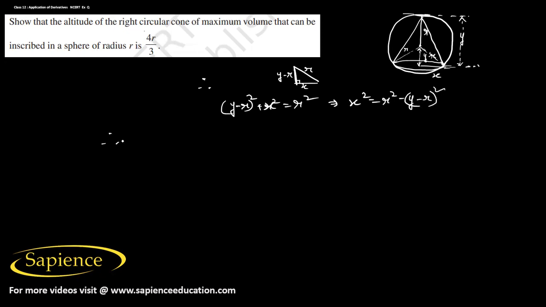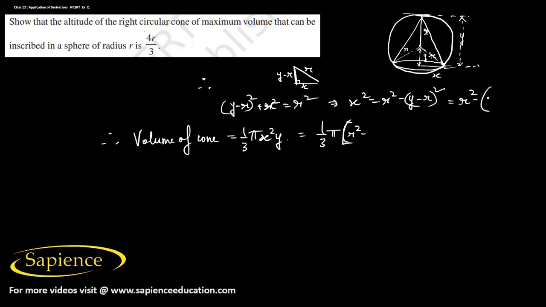So now, therefore, the volume of the inscribed right circular cone is equal to 1 by 3 pi x square into y. So that will be 1 by 3 pi x square, I can write it as r square minus (y minus r) whole square. If we simplify it, this will be r square minus y square plus r square minus 2yr.